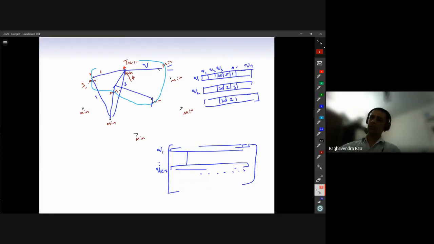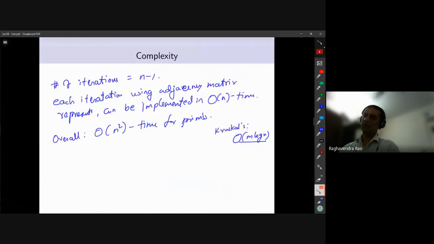So this information extraction can be done in amortized order log n time. So this can be brought down from n square to roughly not n log n but m log n. Yes, m will come into the picture because the heap will have to store all the edges. That is what we are going to see next.